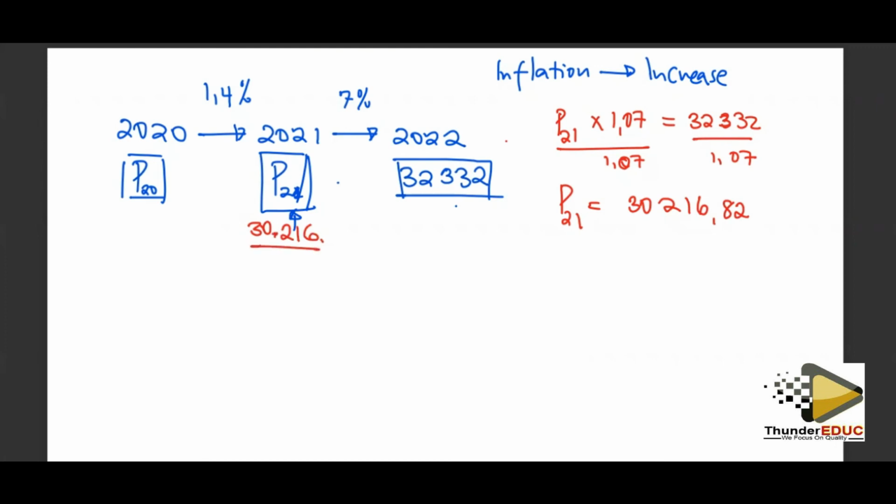This price was caused by the increment of 1.4%. So the price in 2020 was multiplied by 1.014, and they got this answer. So we need to divide through by 1.014.